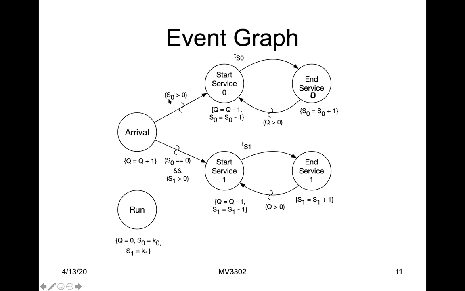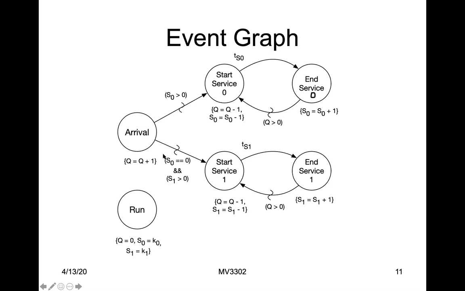So this condition is sufficient. Just, is there a type 0 server available? That's the one that I prefer. And so therefore, I will schedule the start service. Now, you have to be careful not to schedule one on a type 1 if that's the case.